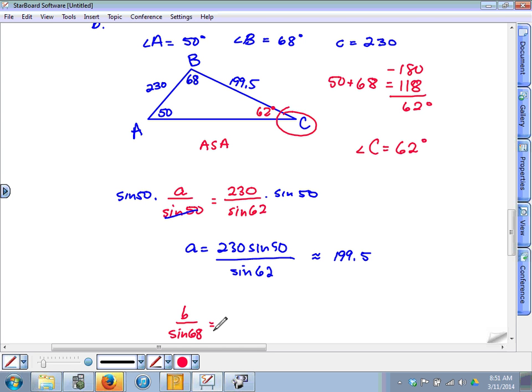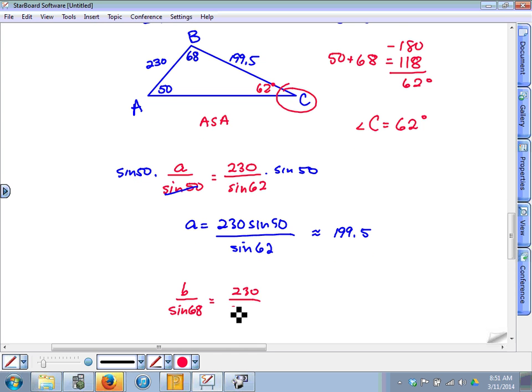199.5. We rounded that. So you can use it, but your answer might be slightly off, which, I mean, I'll still give you credit for. I'm not going to dock you points, but in technical situations or mechanical engineering situations where accuracy is important, you're going to want to be as accurate as you can. So I'm going to choose to use C again, because that's not rounded. So 230 over sine of angle C, which is 62.